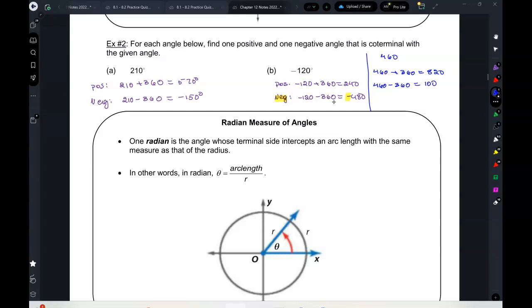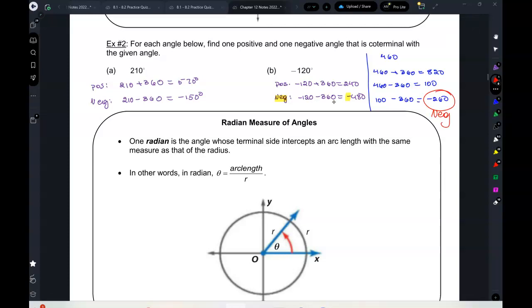No. Just because you subtracted to get that number doesn't mean it's a negative coterminal angle. So you have to go one more time. You take the 100, you subtract 360 until you actually get a negative number. In this case, negative 260. So now this is your negative coterminal angle.